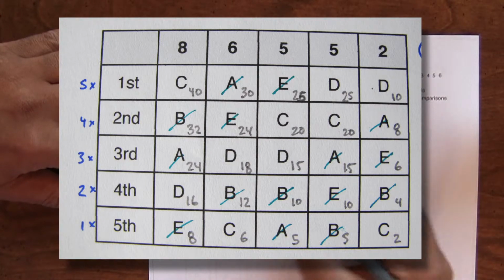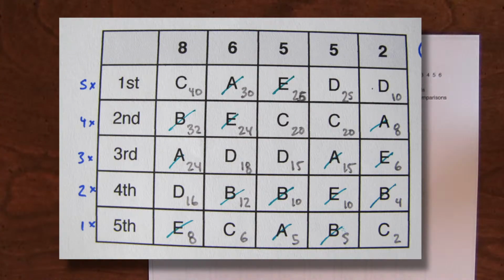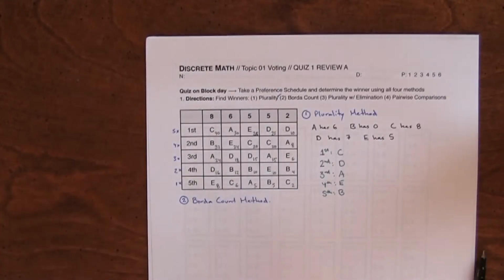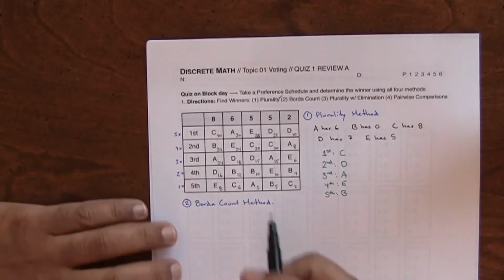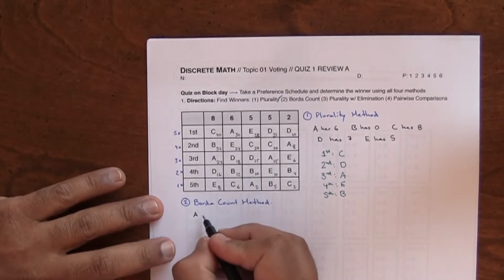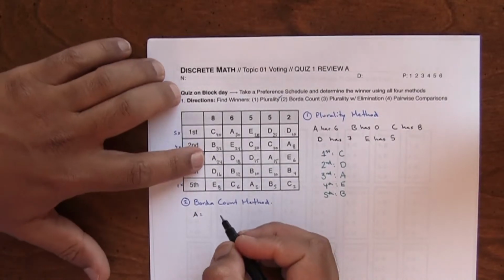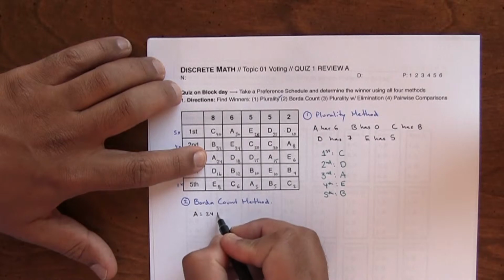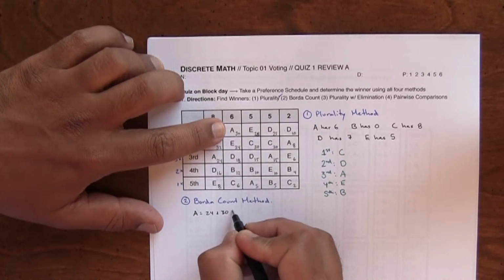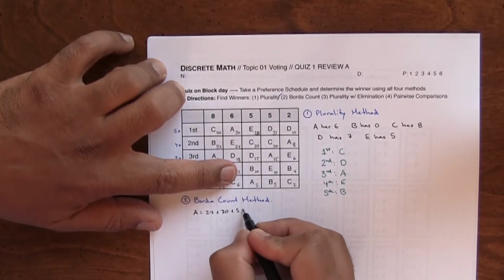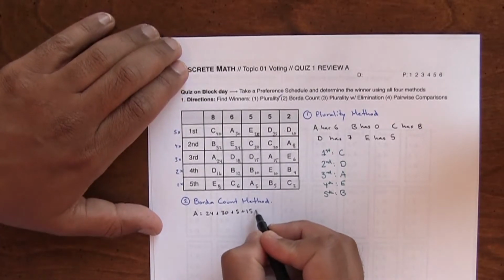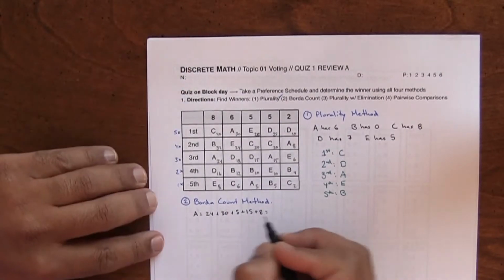So how many points does everybody have? Well, person A has 24 plus 30 plus 5 plus 15 plus 8.